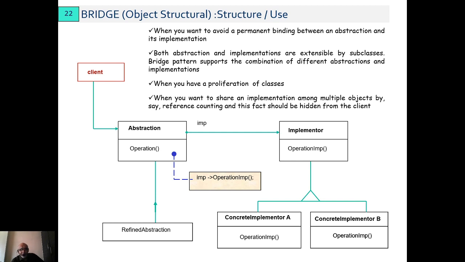The abstraction has the implementer, and the abstraction itself is an abstract class, so you need the concrete implementers A and B, and like that you can have C, D also. This is sometimes known as proliferation of classes.